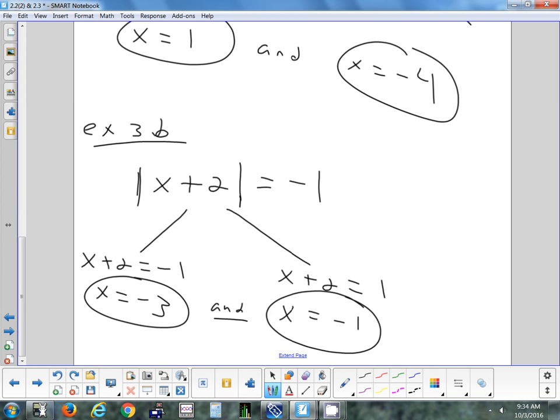And you get x equals -1. But the problem is if you don't check your answers, you won't see they don't work. -3 plus 2 is how much? -1. And what's the absolute value of -1? 1. That doesn't work. If you plug in -1 and add 2, what do you get? 1. What's the absolute value of 1? 1. That didn't work either. So this one has no solution.